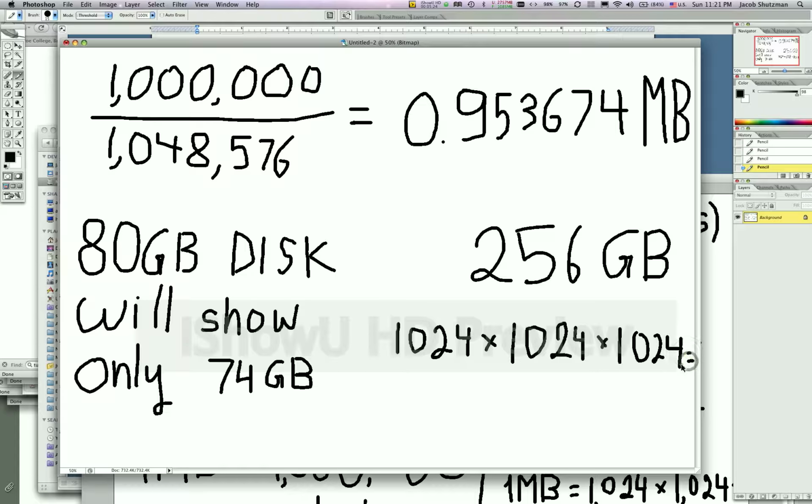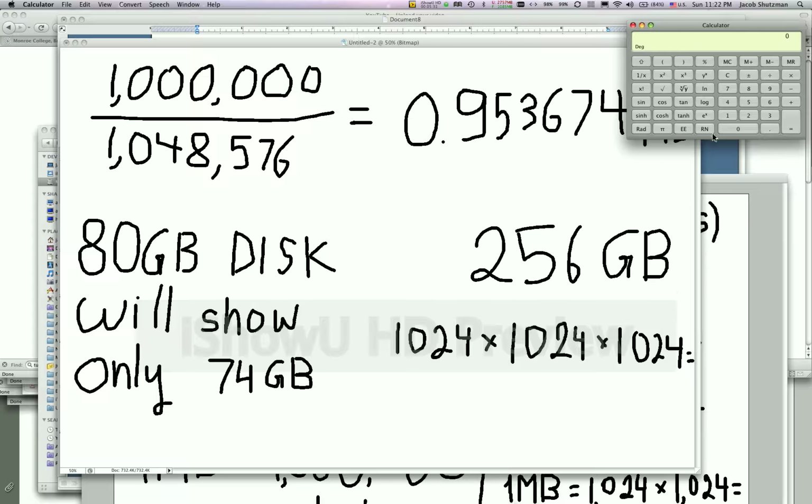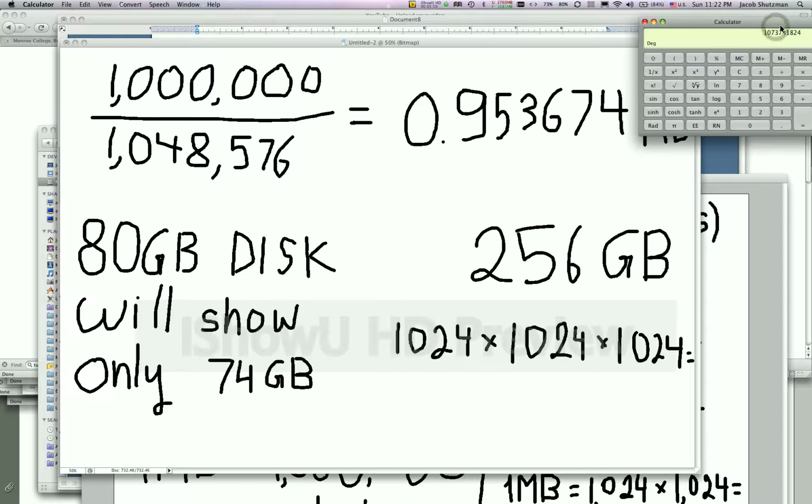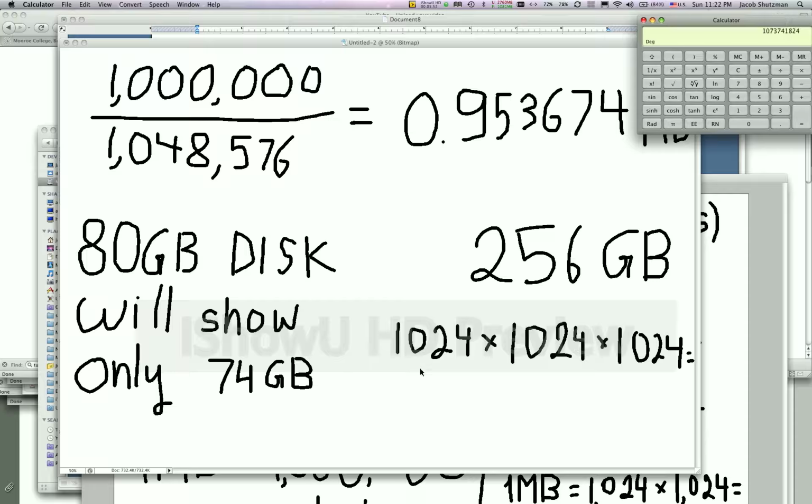So this number will come out to, take a small calculator and do it, 1024 times 1024 times 1024 will give 1,073,741,824.